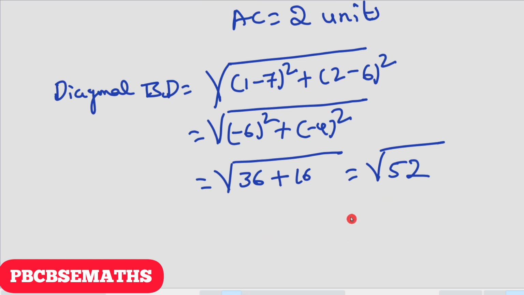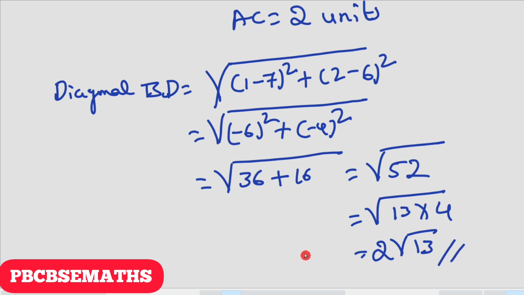Square root of 52 means square root of 13 into 4. We can rewrite it, the square root of 4 is 2, so 2 root 13. So the value of BD is 2 root 13.